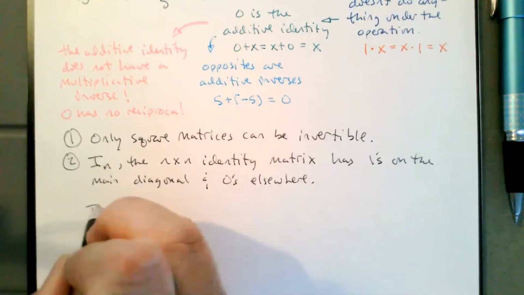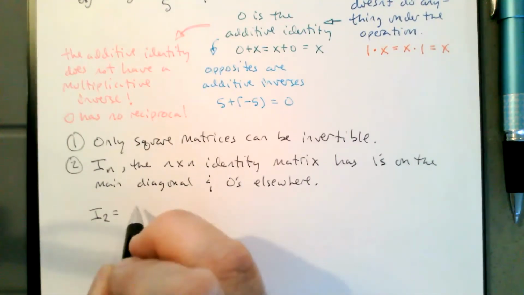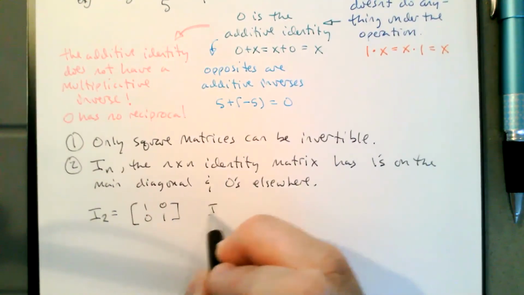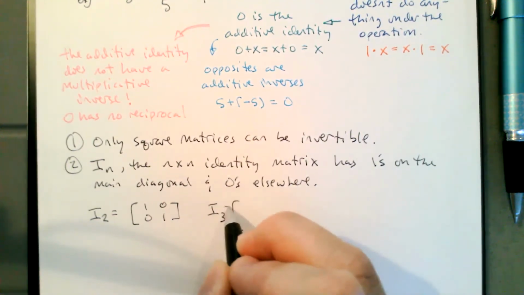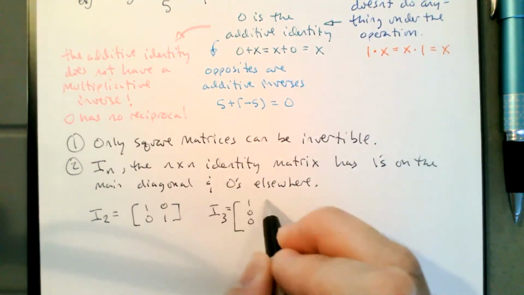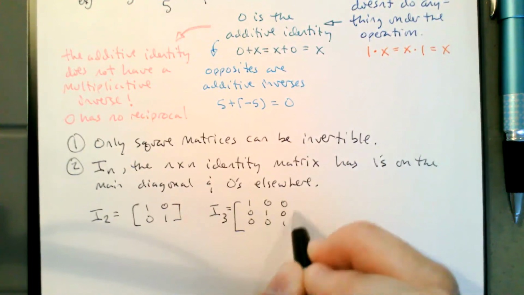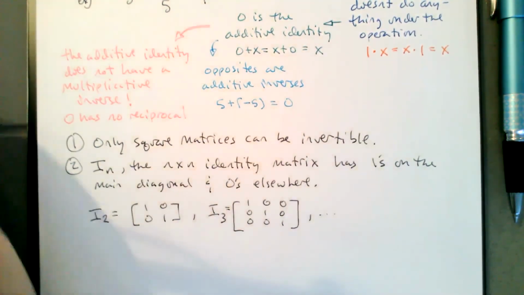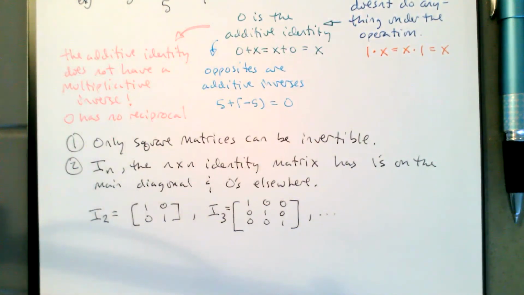So I2, the 2 by 2 identity matrix, will be 1, 0, 0, 1. I3, the 3 by 3 identity matrix, will be 1, 0, 0, 0, 1, 0, 0, 0, 1. And so on.